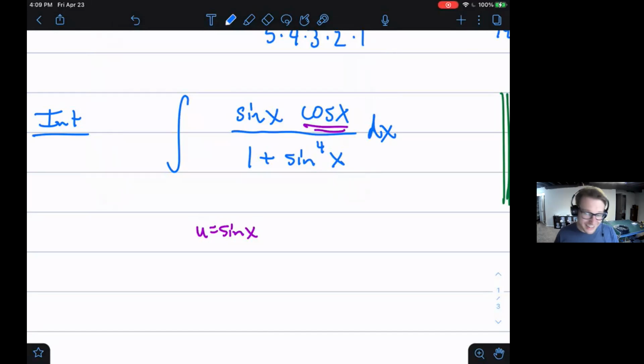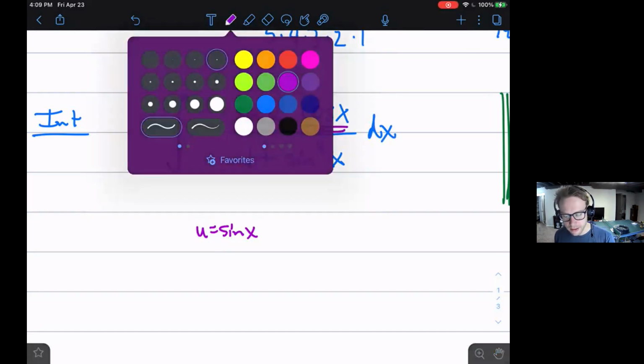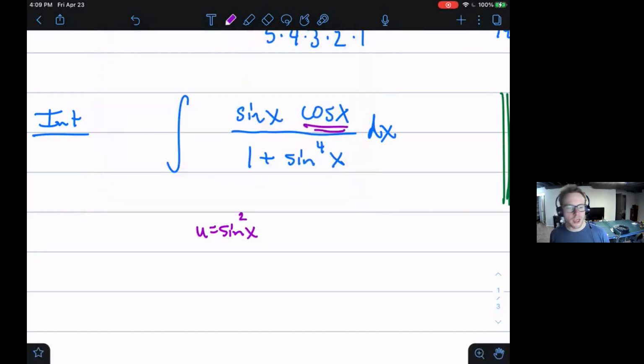You're going to need a second U substitution. So maybe you'll call that V or W or something like this. But it turns out to be a little bit faster if you let U be equal to sine squared. And one reason that you may think of doing this is because in your numerator here, you have not only cosine, but you also have sine. And so if you were to take the derivative of this, thinking about my du, the 2 would come down.